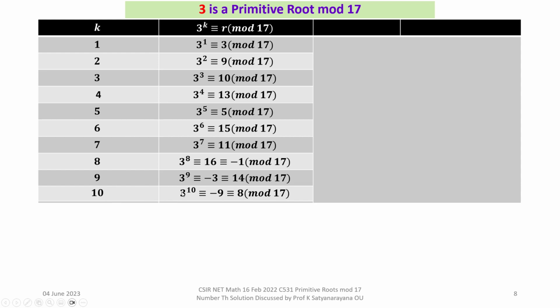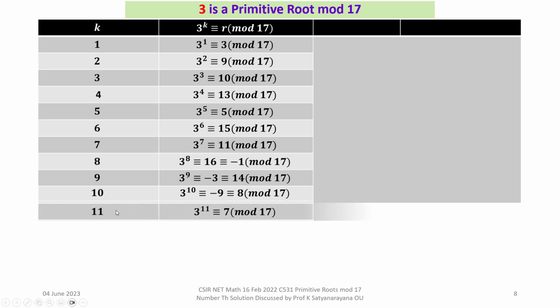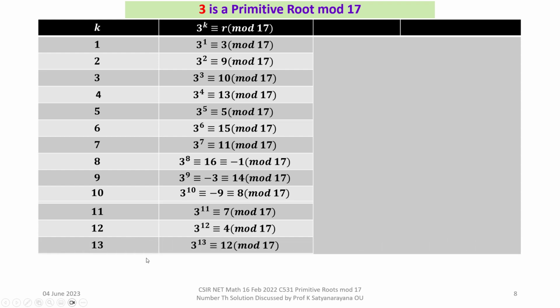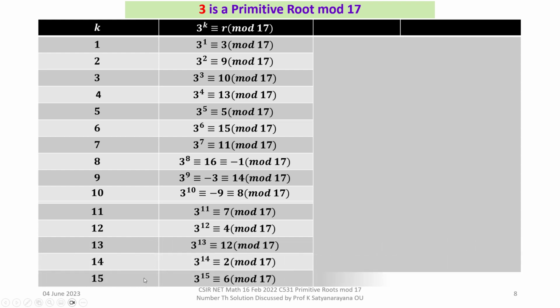K is equal to 10. 3 power 10. 3 times minus 3, minus 9. Minus 9 modulo 17 is 8. 11. 3 power 11. 3 8s are 24. Minus 17, 7, congruent to 7 modulo 17. So like that 12, 13, 14, 15 we have done.